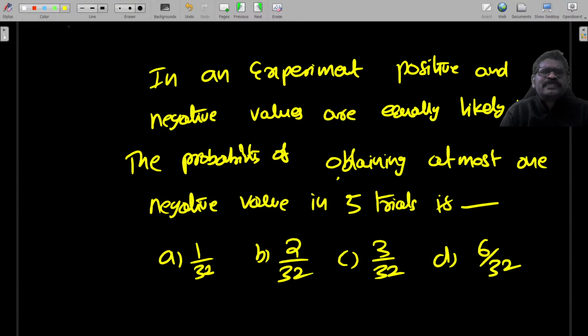In this problem, the keyword is at most. At most one negative value. Here, n represents the number of trials, so n is equal to 5.